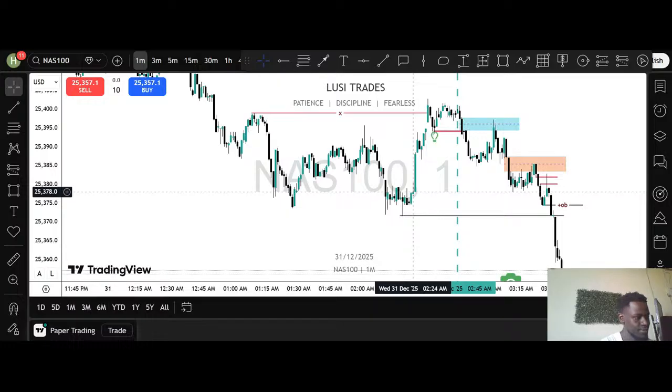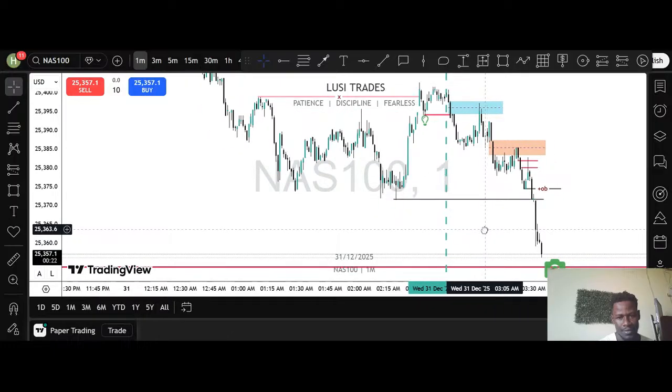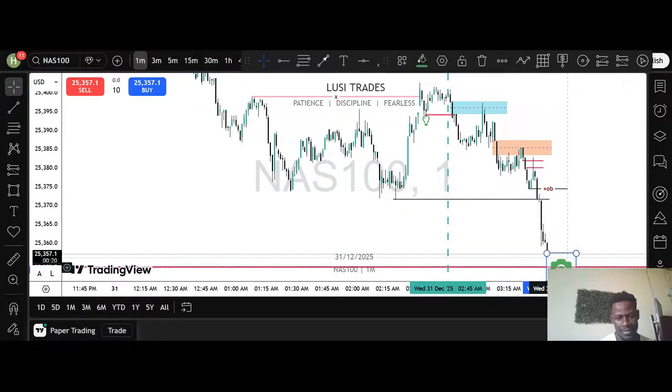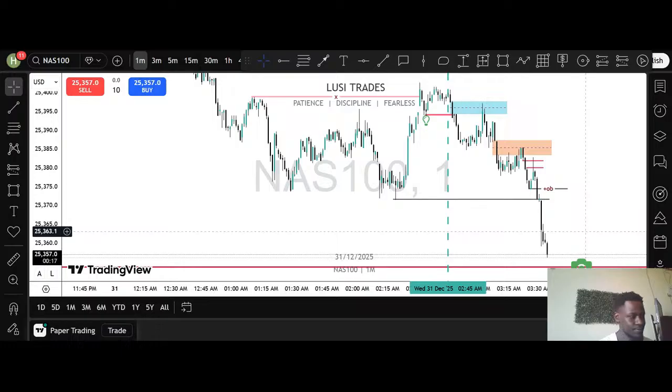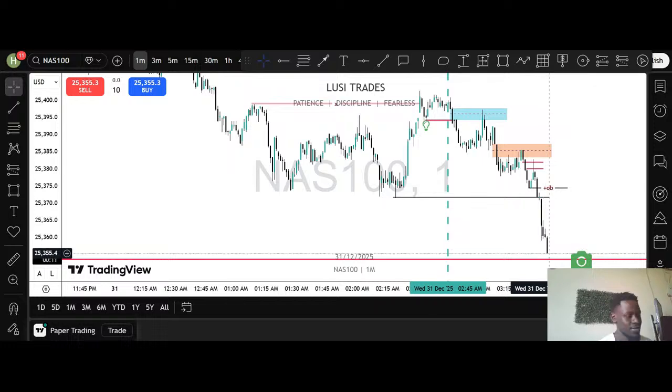This is our target. This one here is our target. So we don't want to see it do anything else. We just want to see it run towards this target.